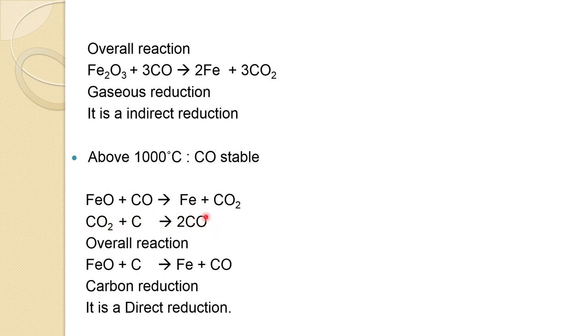So it again forms the CO. So, the overall reaction is FeO plus C equal to Fe plus CO. This is actually called the direct reduction, but it is not the carbon which is reducing iron oxide or wustite directly; it is via the gaseous phase that it is getting reduced, and that is why we said direct reduction. Otherwise, it is not that solid carbon is reducing it directly, that is not the case, as we had discussed before also.